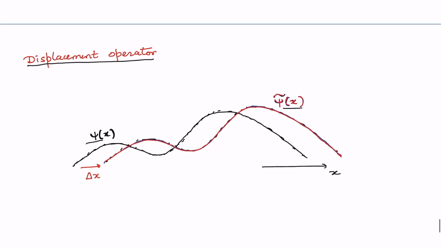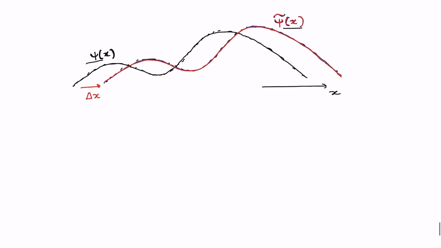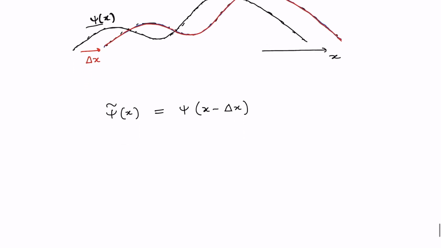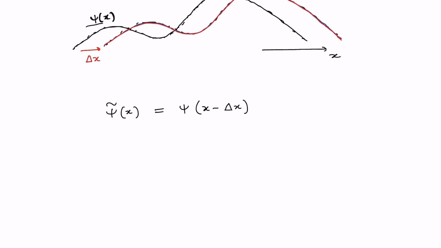This new wave function ψ̃(x) is the same as the old wave function at a distance, so ψ̃(x) is equal to the old wave function ψ at x − Δx, where Δx is very small. Therefore we can apply the so-called Taylor series expansion, and we are going to get terms like ψ(x − Δx), Δ ψ of Δx, and so on.